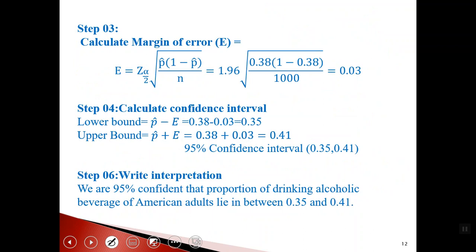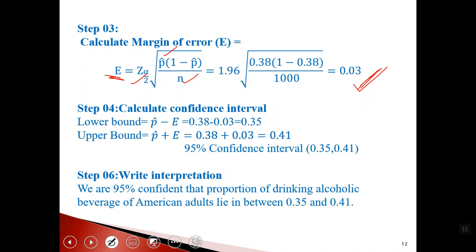Now step number 3, use your formula to calculate the margin of error. We denote it by E, which is c alpha over 2 times the square root of p hat times 1 minus p hat over n. You know c alpha over 2, you know p hat, you know sample n. Plug those values in and calculate capital E, the margin of error.